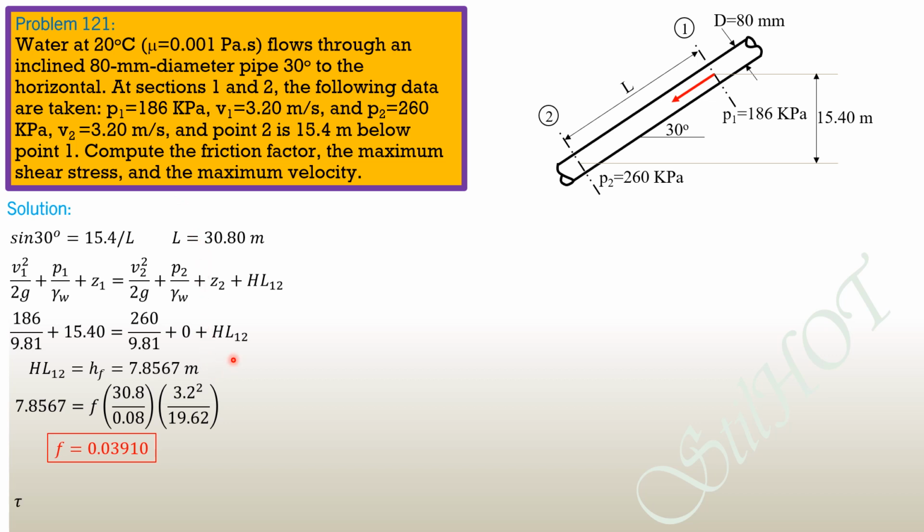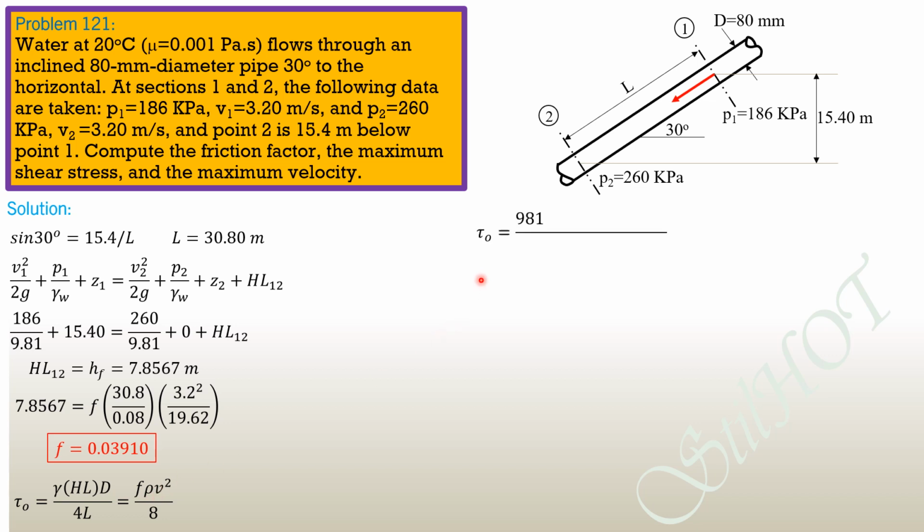Then the maximum shear stress is specific weight times head loss times diameter over 4L, or friction factor times density times velocity square over 8. So there are two formulas. We will just call maximum shear stress tau sub O. Everything is known in both formulas.